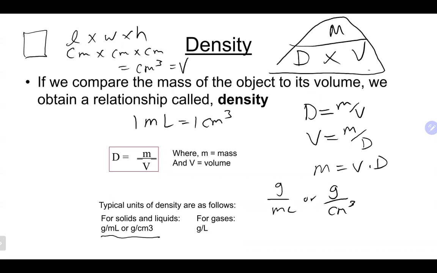So a very common way to get the volume of a cube is to take a ruler, measure the length times the width times the height, and multiply them together. For gases, and again, we don't really get too much of the density of gases, but typically they are given in grams per liter. But these are probably the two common units you'll come across for density.